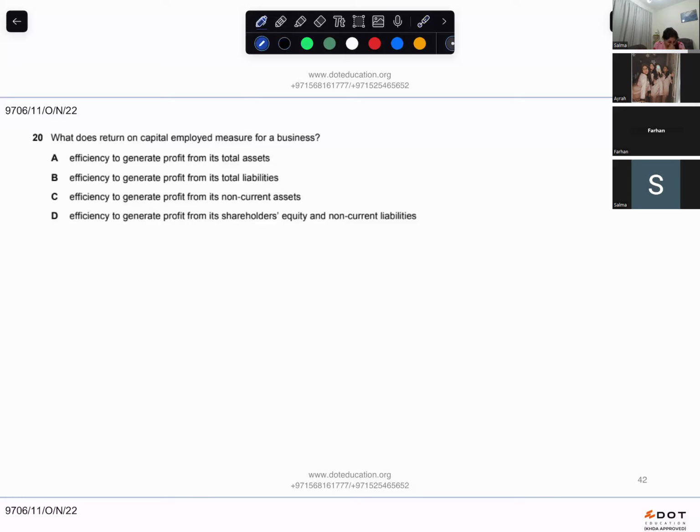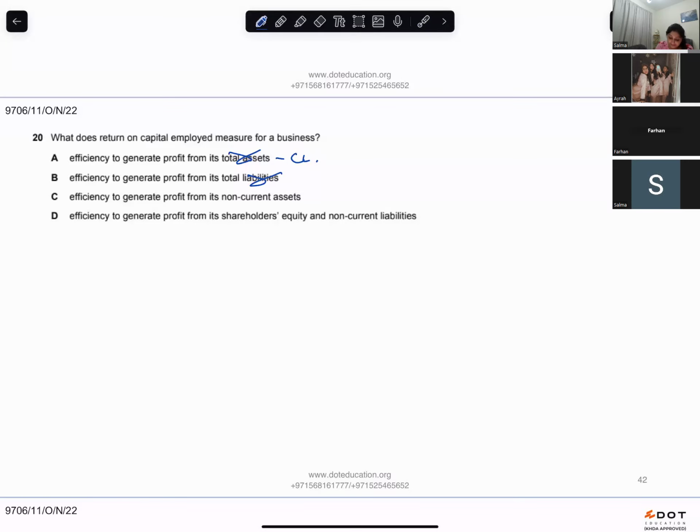So it generates profits from own funds and borrowed funds. So the answer is option D.